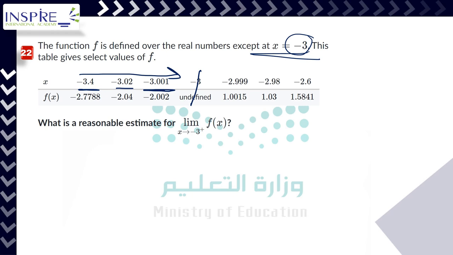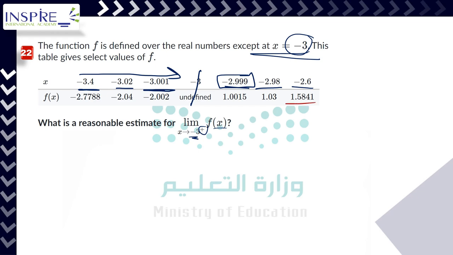What do we need here? We need the limit of f of x as x approaches negative 3, but from the right side. This is from the left side. So let's check the right side, negative 2.6. It's bigger than negative 3, getting closer to negative 3, and this is the closest number. What about the value of the function as we get closer to negative 3?